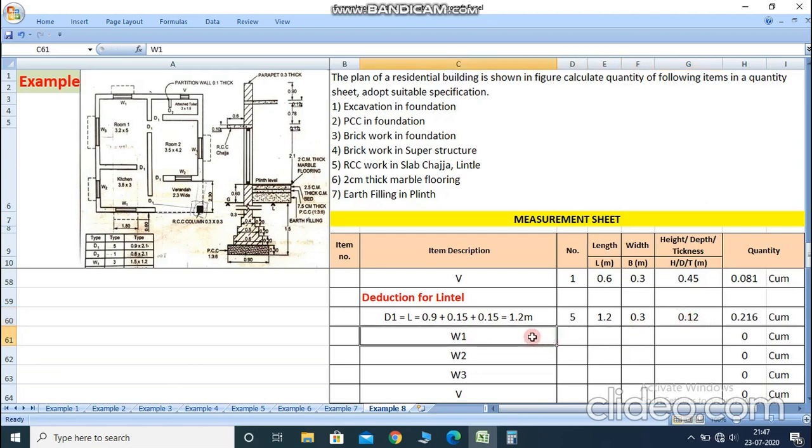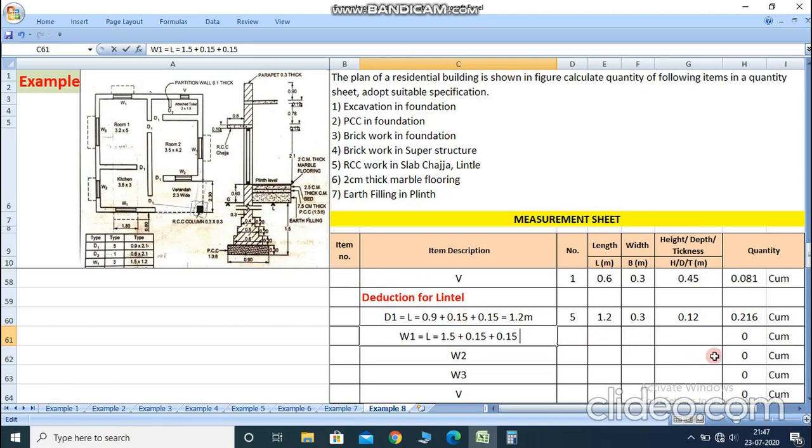Similarly for window 1, length is equal to 1.5 plus 0.15 plus 0.15. Here 0.15 rest for the lintel on both sides is 15 centimeter.